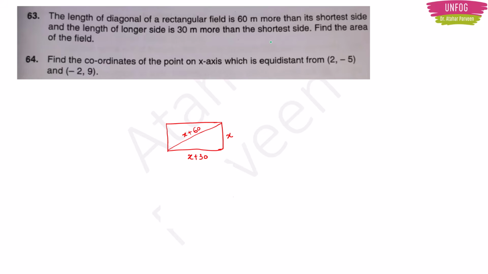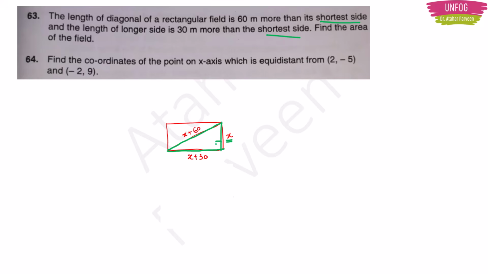So we don't know the shortest side. Every time they are talking about the shortest side, so that's why we assume that it is x. With this we get the diagonal x plus 60 because it is 60 more, and the longer side is 30 more than x, so it is x plus 30.